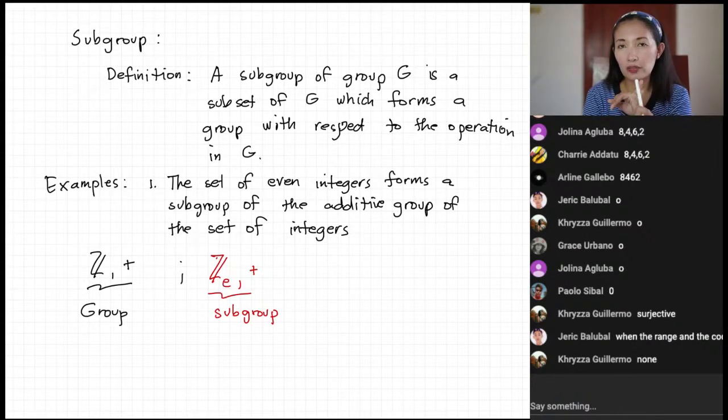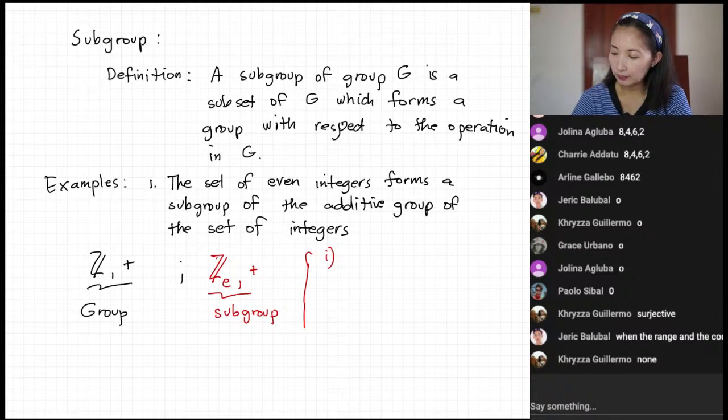Then associativity, and then existence of an inverse. 0 is the additive identity, I should say. Identity element with respect to addition, and 0 is an even number, and every even number has inverses. Let me write that as well as I could.